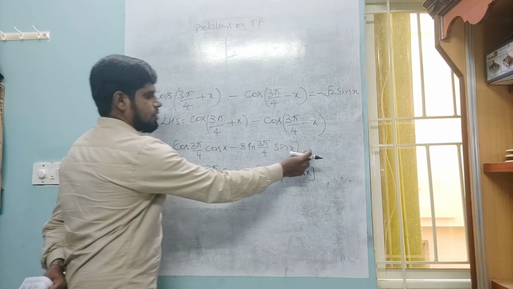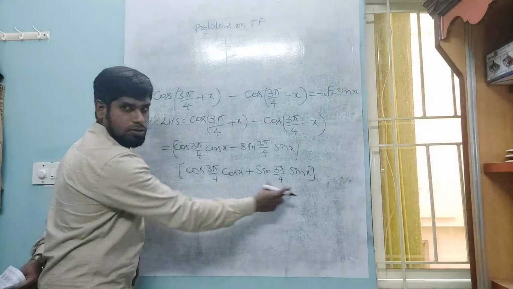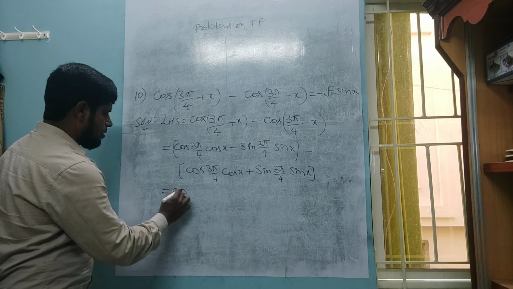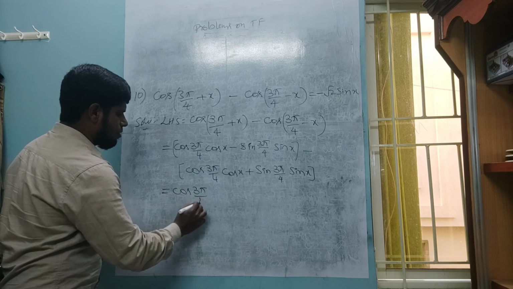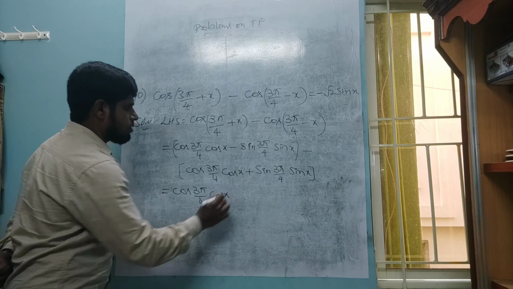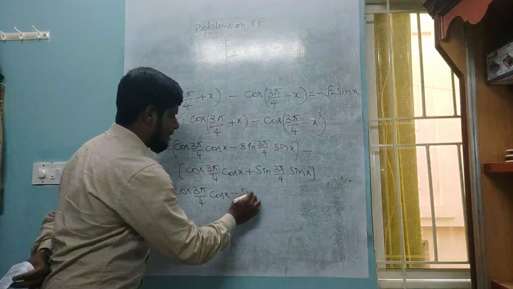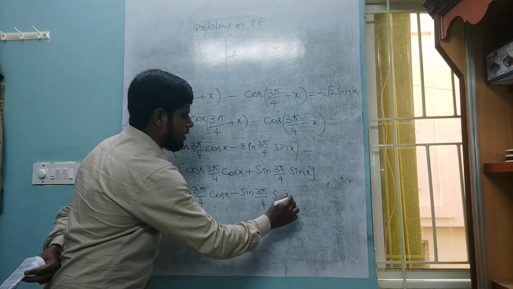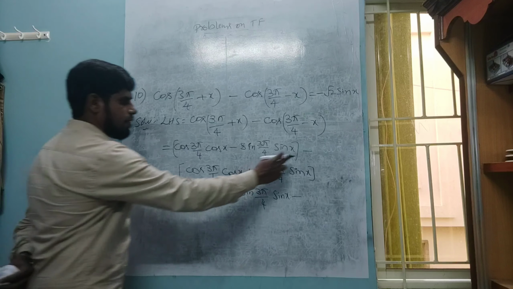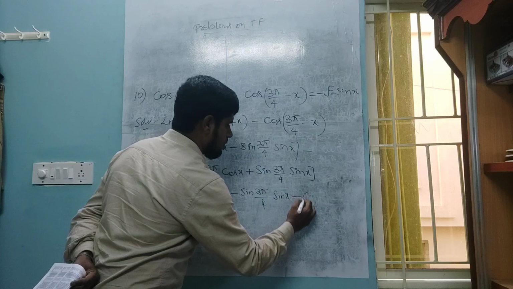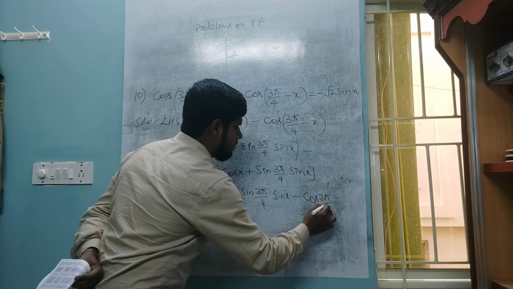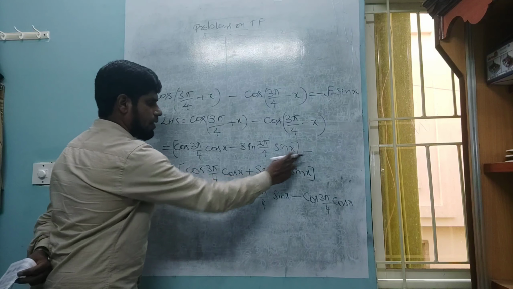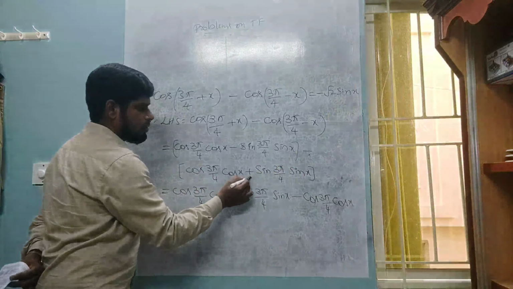What I will do here is multiply this negative sign to these two terms. Let me write cos 3π/4 into cos x minus sin 3π/4 into sin x minus, multiplying this minus, cos 3π/4 into cos x. Now minus into plus: there is a minus sign here and a plus sign here.